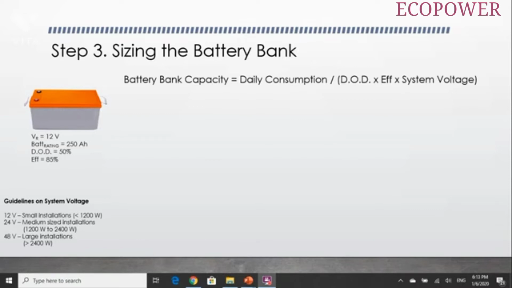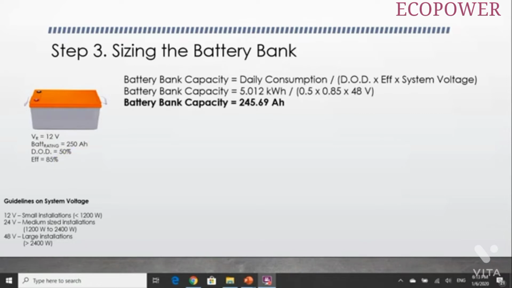Suppose we have a battery with a 12 volt output and a battery capacity rating of 250 ampere hours, a DOD of 50%, and an efficiency of 85%. Now, to compute the required battery capacity, the daily power consumption is divided by the product of the battery's depth of discharge, efficiency, and the system voltage.